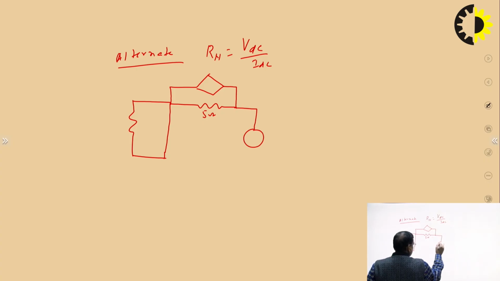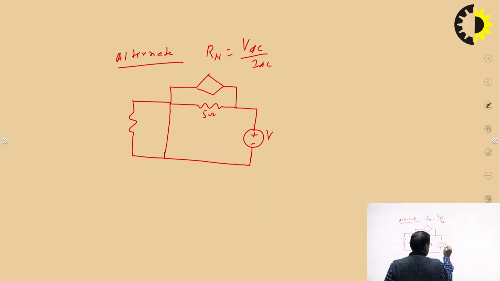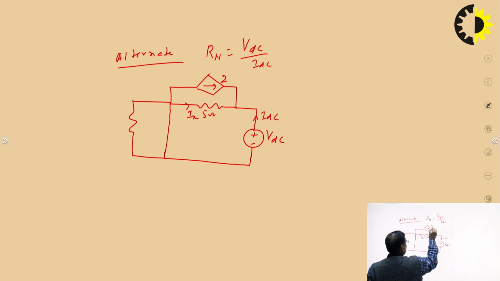Here we add a pseudo voltage source VDC. This is your VDC and this current is your IDC. This is your Ix, this is 2Ix, this is your 4 ohm. So from this circuit you have to take the ratio of VDC upon IDC. So write the equations here.